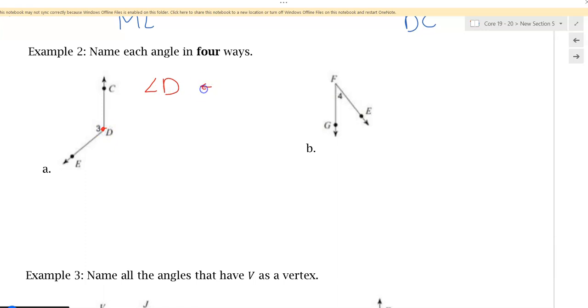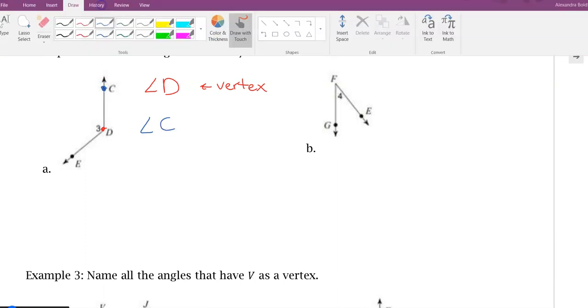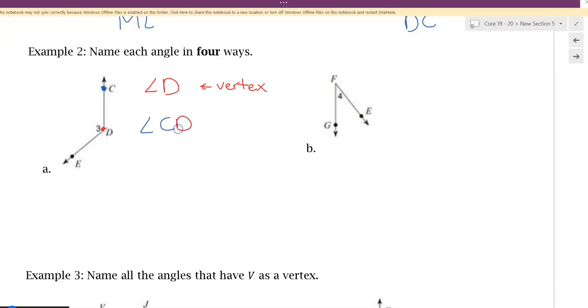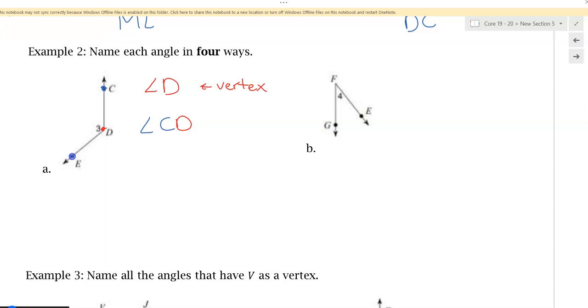And again, that's my vertex. The other 2 ways are using the other endpoints, right? C to D to E, okay? Where D is my vertex and it's still in the middle, so I went from C to D to E. I also go the other way.